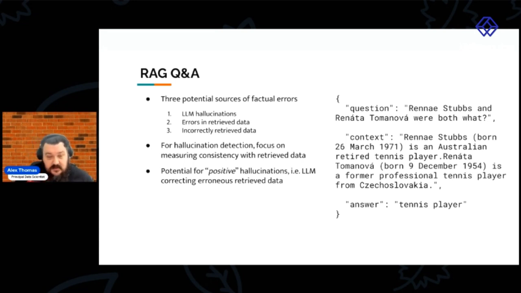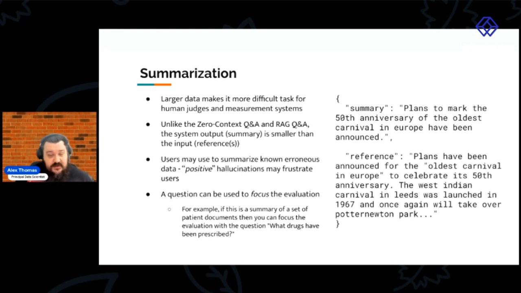And then the third scenario, which is summarization. Again, this is a larger one, and it involves taking in some data and then attempting to reduce it in making the summary. This can be difficult to measure in a different way than the ones before.